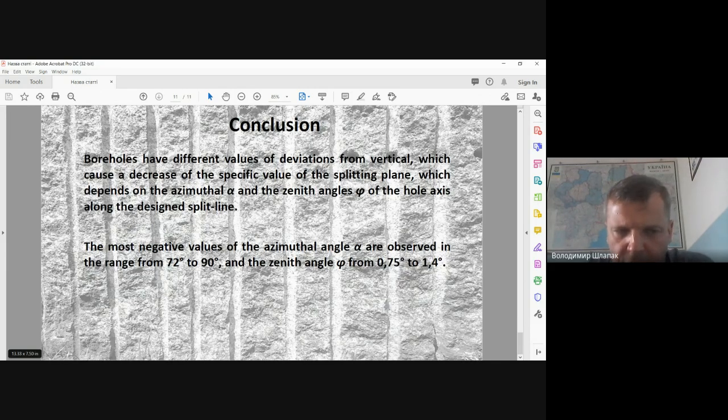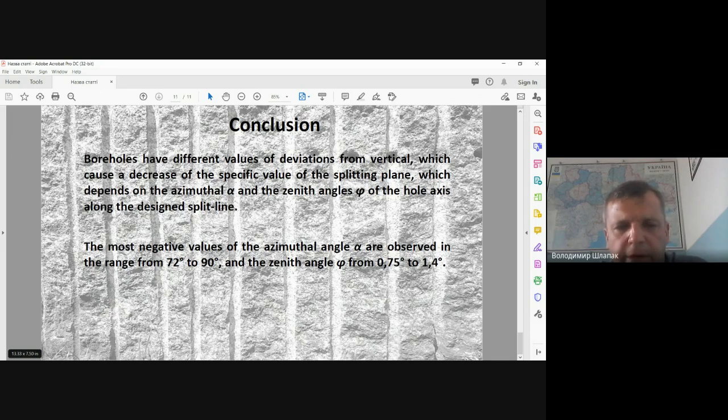The main conclusions are presented. Boreholes have different values of deviation from vertical, which causes a decrease of the specific value of the splitting plane, which depends on the azimuthal and zenith angles of the hole axis along the designed split line.